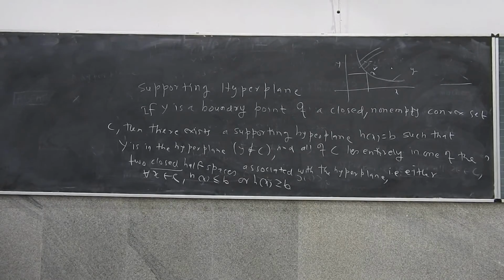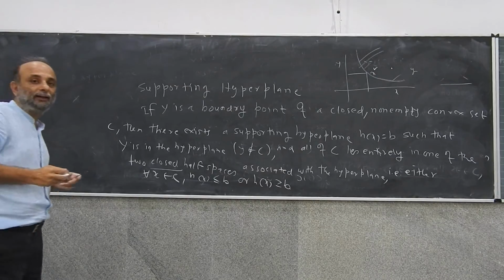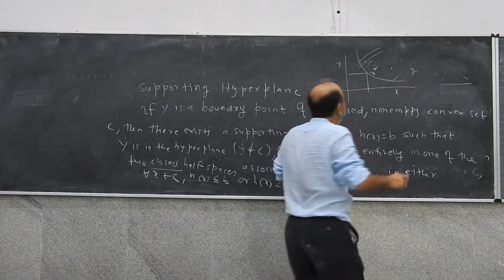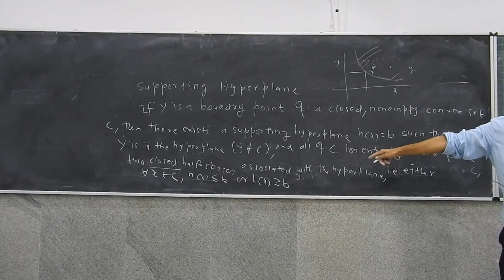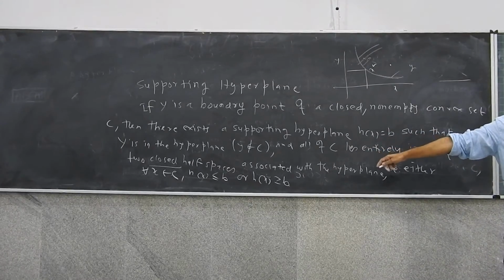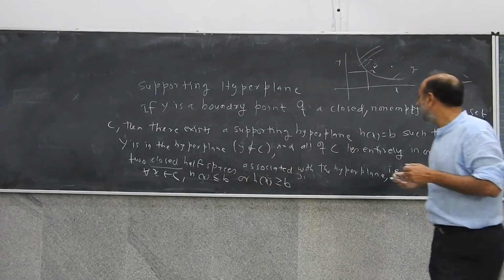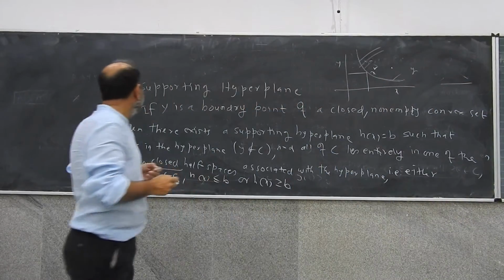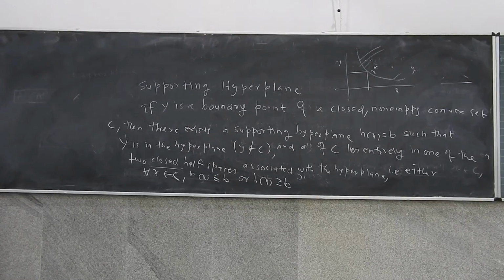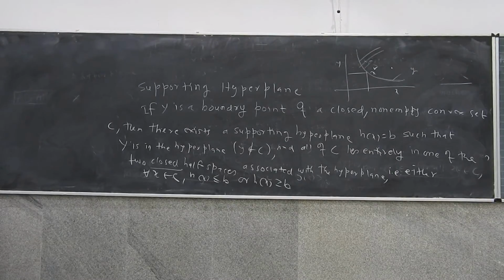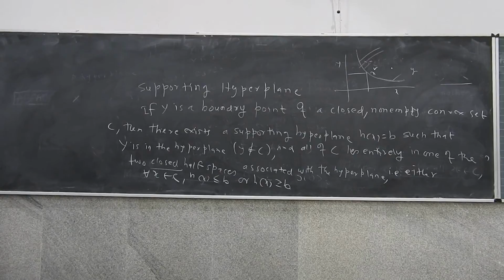So there will be some consumption bundles y which are at least as good as, which satisfy this, right? So what can you conceptualize this boundary as? We are talking of closed half spaces. There are two closed half spaces associated with the hyperplane. Either x belongs to C, such that h of x is less than or equal to b, or h of x is greater than or equal to b.